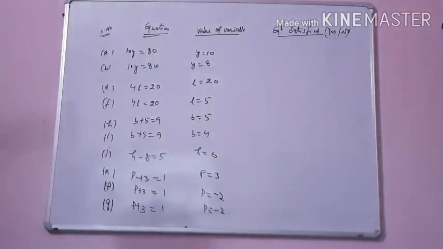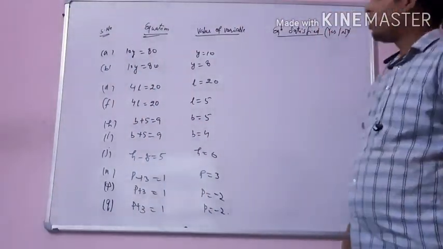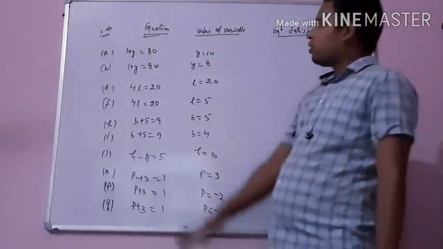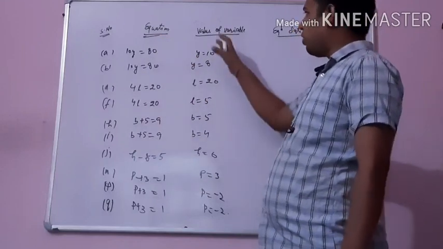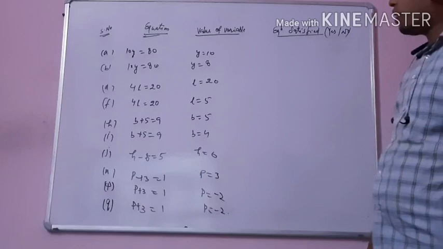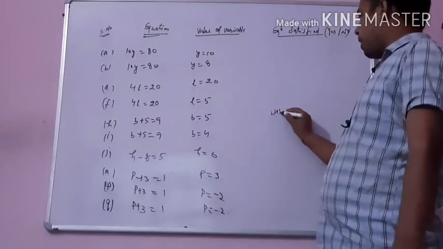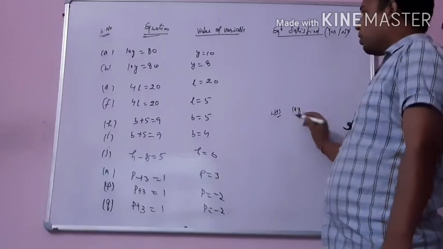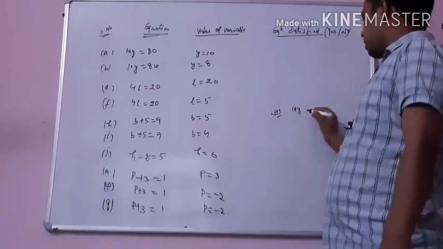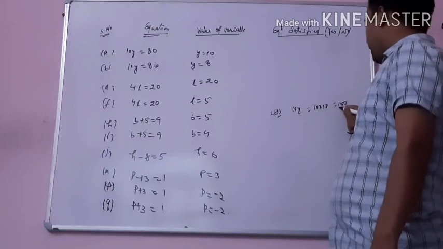I have taken some questions from question number 2. Now, see here. The equation has been given, the value of the variable has been given. So we have to check LHS and RHS. First I am taking LHS. LHS is 10y and y equals 10. So 10 multiplied by 10 equals 100.